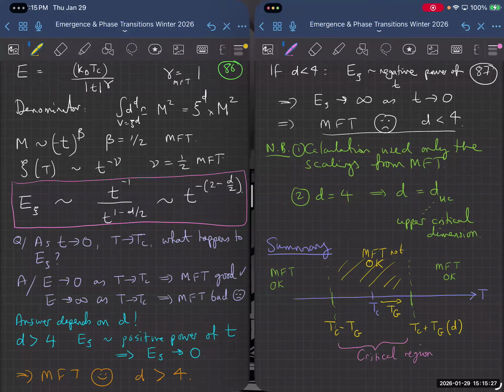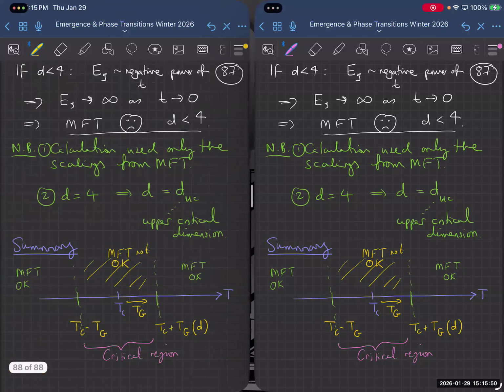The other thing I want to say about this region is that it depends on the dimension. That's a true thing. But there's also a prefactor that we didn't talk about, and the prefactors depend on the microscopic details. So comment number 3, where was I doing my comments?